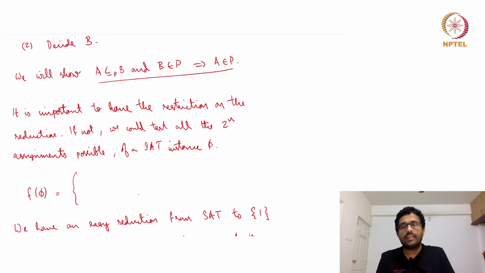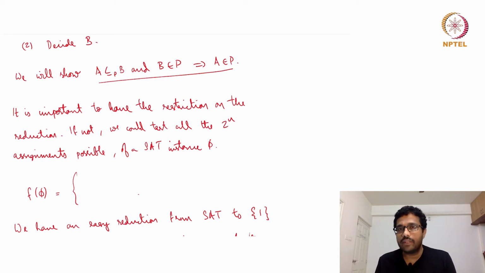For instance, we saw SAT, a problem in NP. We saw that in the previous lecture. However, we don't know a polynomial time algorithm for SAT. When I say polynomial time, I mean deterministic polynomial time. So there is no efficient deterministic solution for SAT as of now.